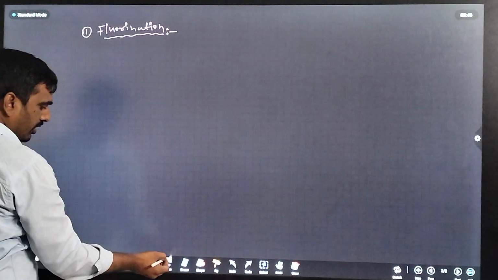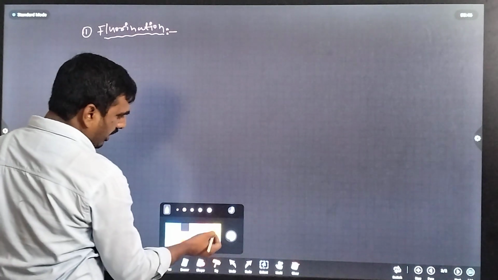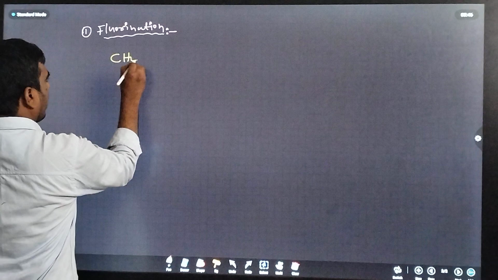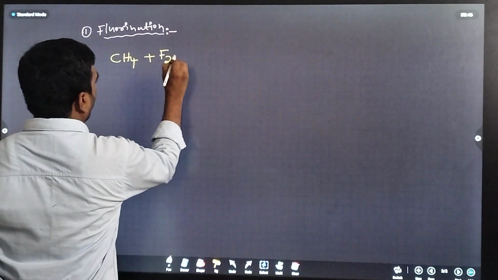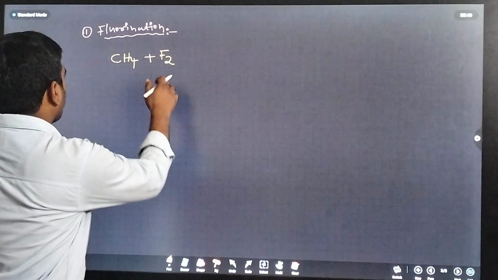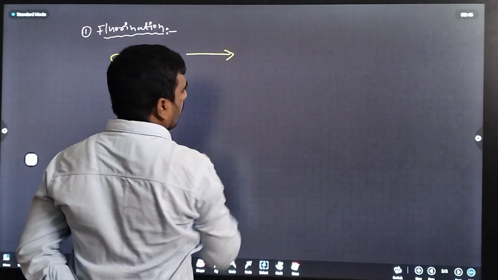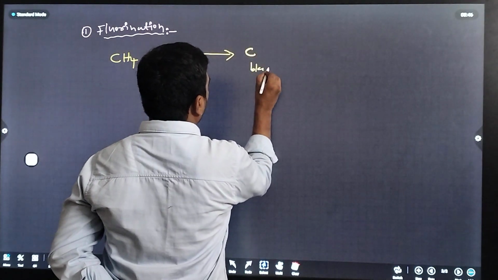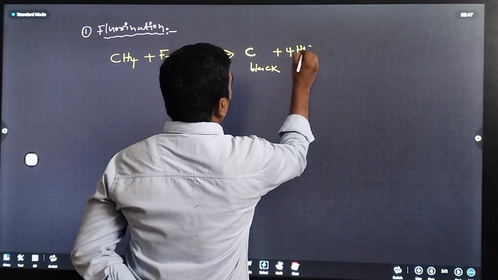Fluorine is small in size and highly reactive. When an alkane such as methane reacts with fluorine, because fluorine is highly reactive due to being the most electronegative element with small size, it reacts vigorously with hydrocarbons to produce carbon black and hydrogen fluoride.